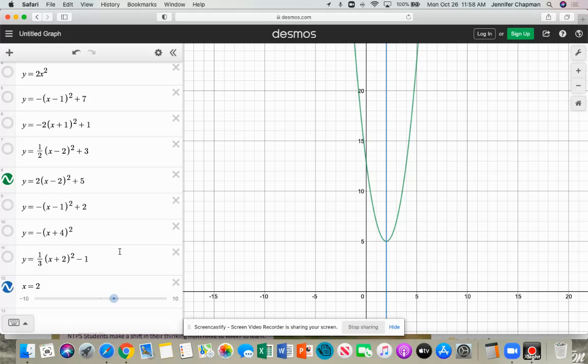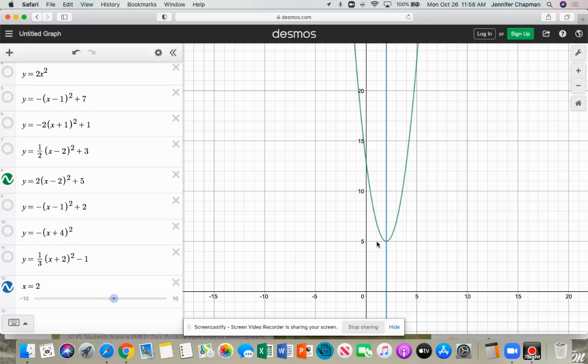Maximum or minimum. A function is going to have one or the other with quadratics. So this actually has a minimum because if you trace this function from the left, it comes down, down, down, down, and it stops going down. It never goes below that point right there because then it turns around and bounces and comes back up. So a positive parabola will always have a minimum.